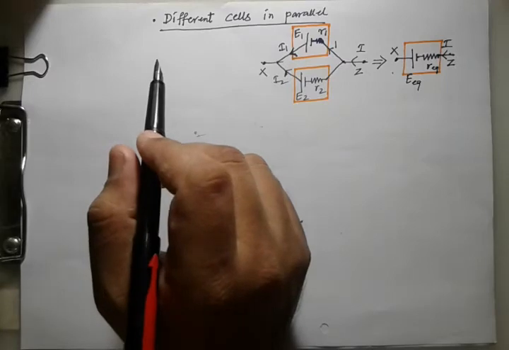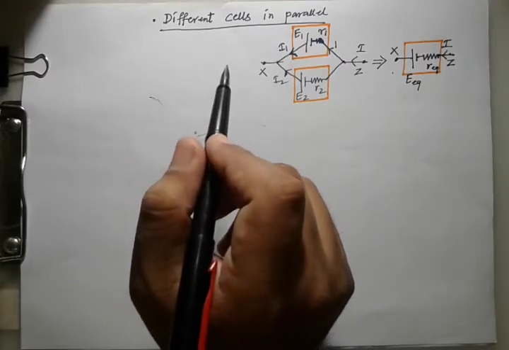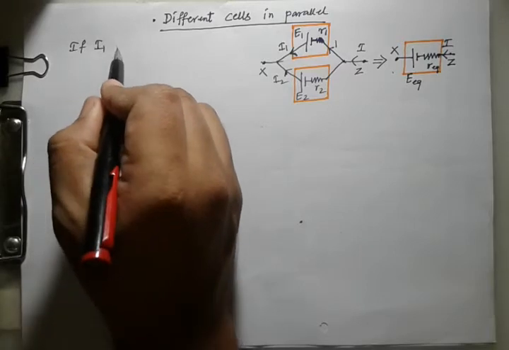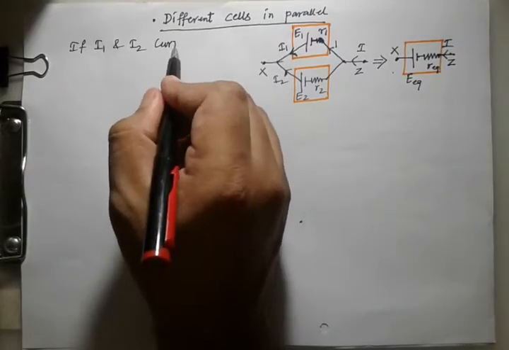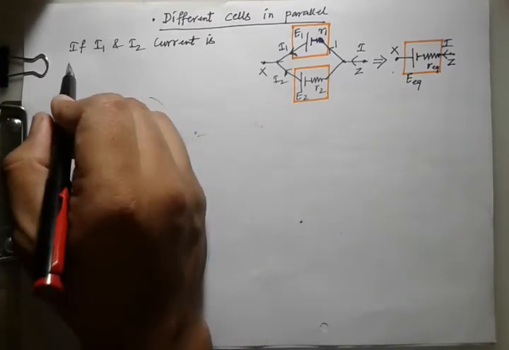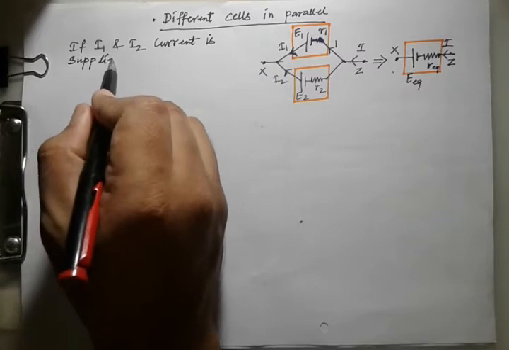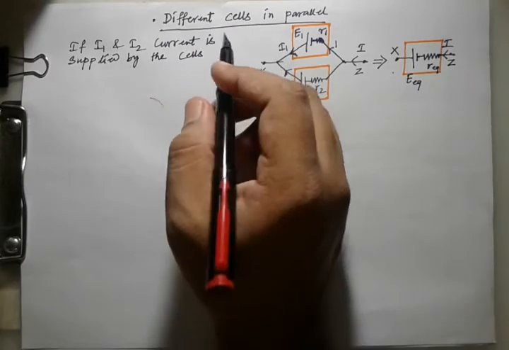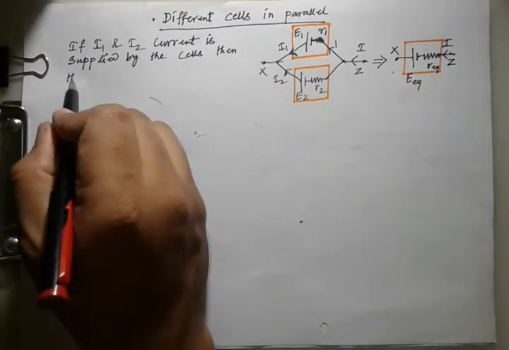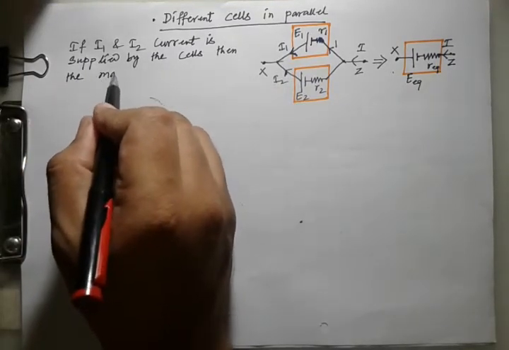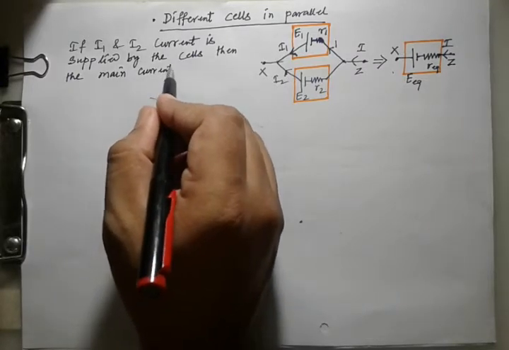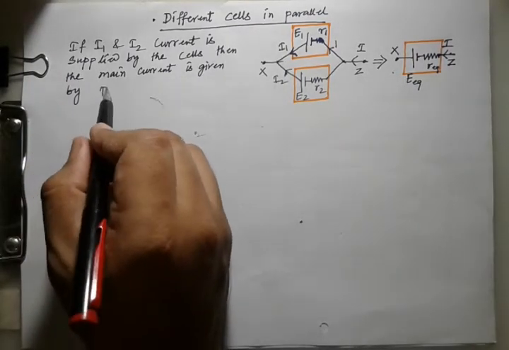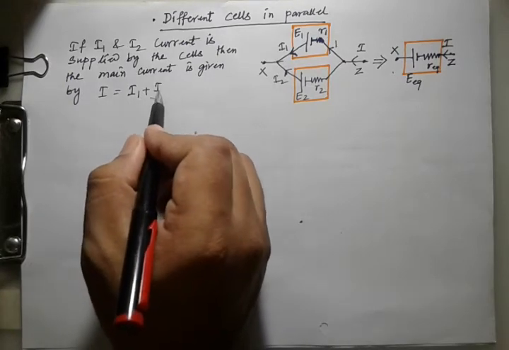So the current I is supplied by the cells, and the main current is given by I is equal to I1 plus I2.